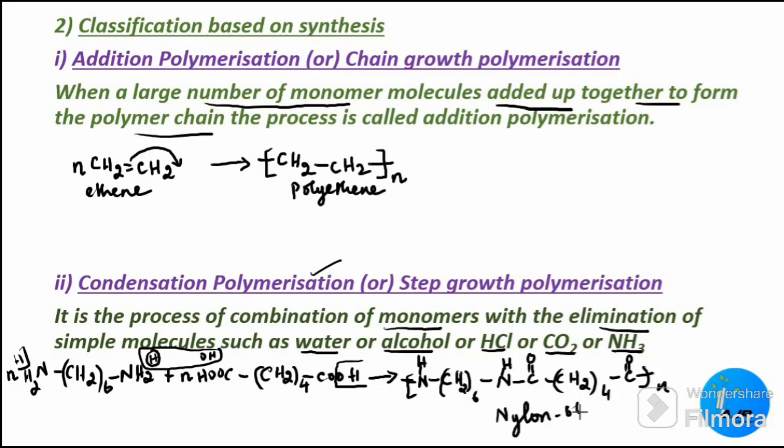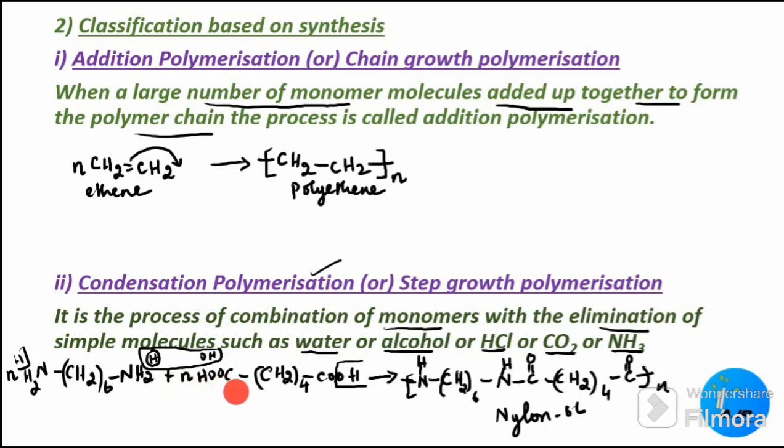Nylon 6,6. This type of condensation polymerization occurs between monomers containing two or more functional groups. Here we have the amino group as a functional group, whereas here we have COOH as the functional group. As I told you earlier, this type of polymerization occurs only between monomers containing two or more functional groups.